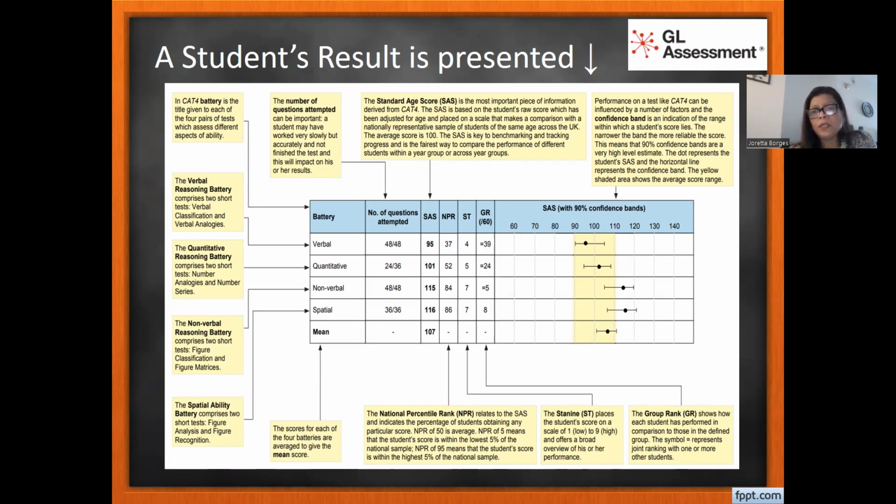It tells you where a student's score may lie should he be tested again within a given period of time. The range means that there is a 90% chance that he will receive a score within the range that is marked along the SAS bands.